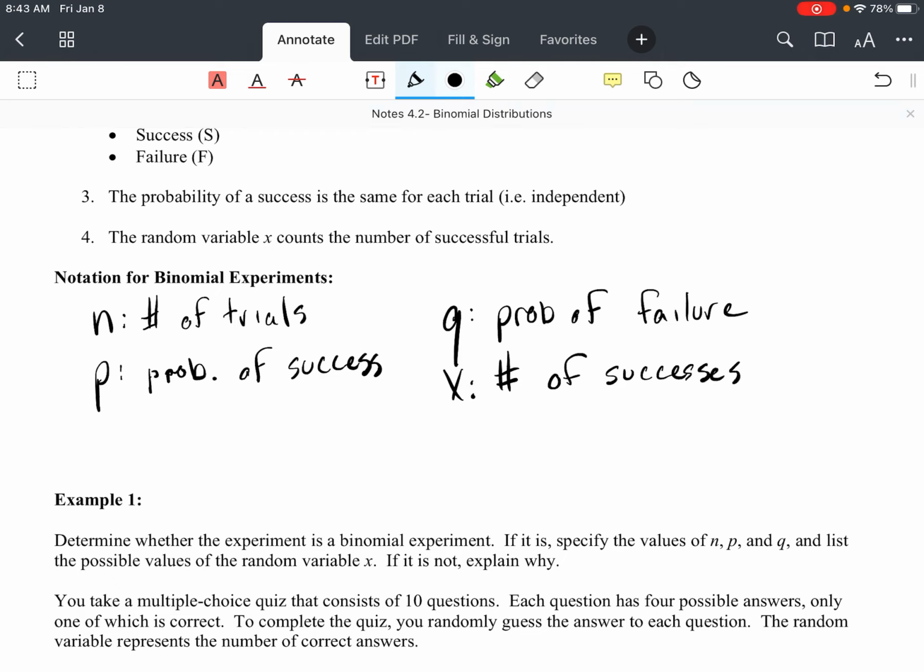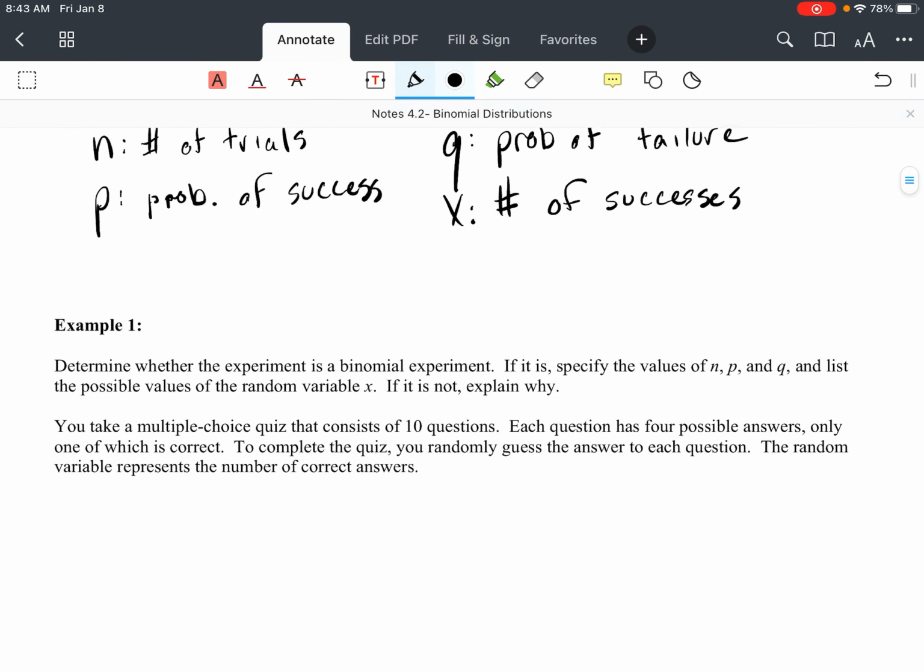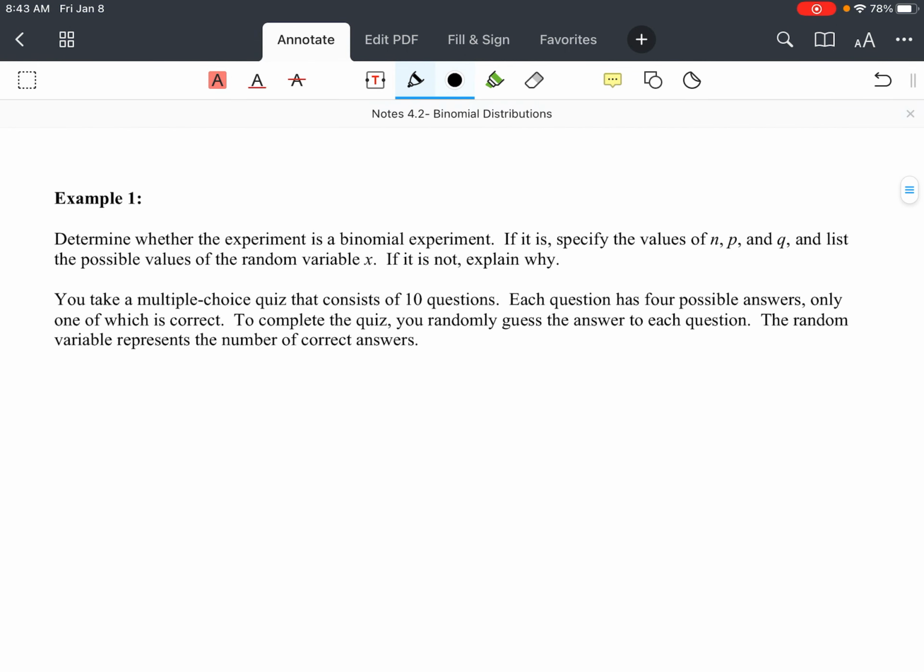We'll get into an actual formula for this in just a little bit, but let's go ahead and look at this example. It says determine whether the experiment is a binomial experiment. If it is, specify the values n, p, and q, and then list the possible values of the random variable x. If it's not, explain why not.